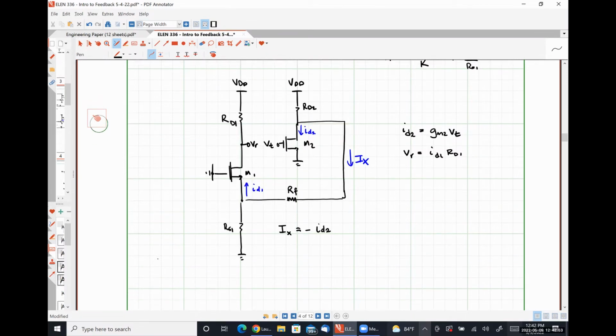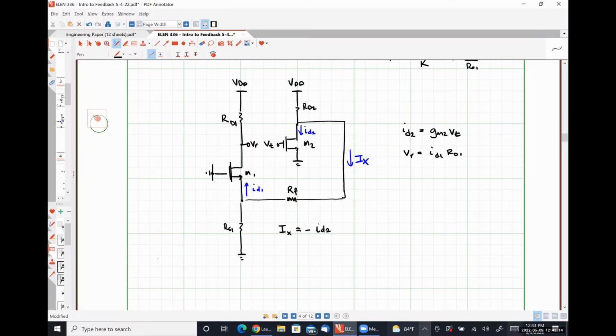The reason we're using a negative sign is because the current's flowing in the opposite direction as we want it to figure out how it's going to split up. And then we see two different paths. We have a path flowing up through RD2, which is the one we don't want.